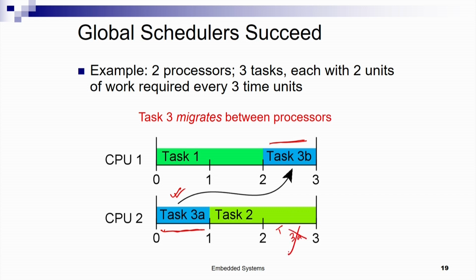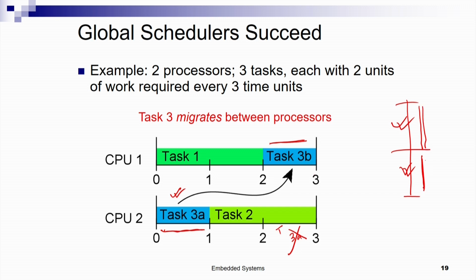Because this is a sequential process, right? The first part has to end and only then can the second part start. The 2 parts cannot execute in parallel. I have a single program code, let us say, divided into 2 parts, but I cannot execute the second part until I finish the first.